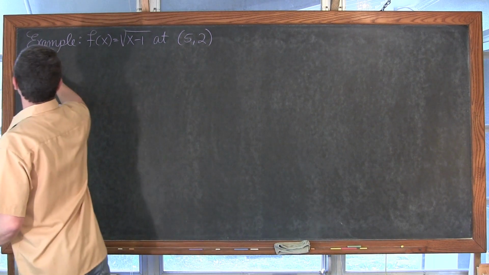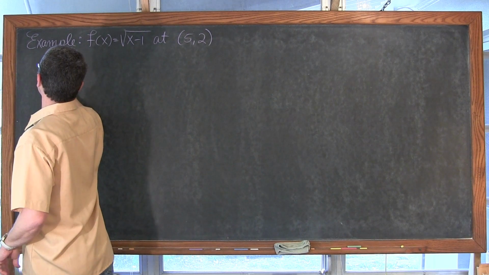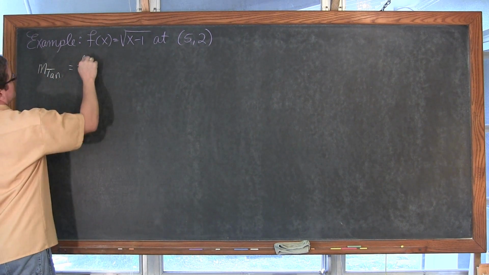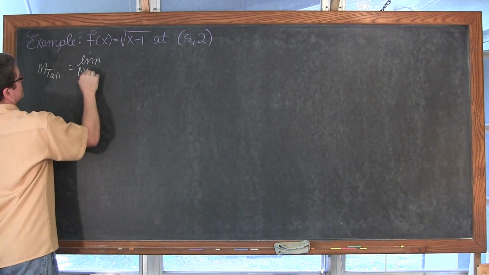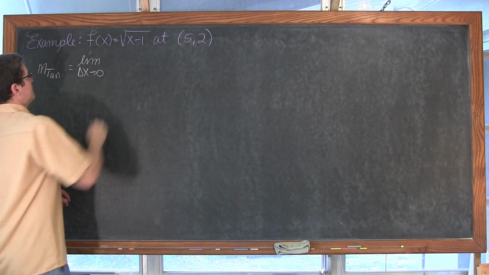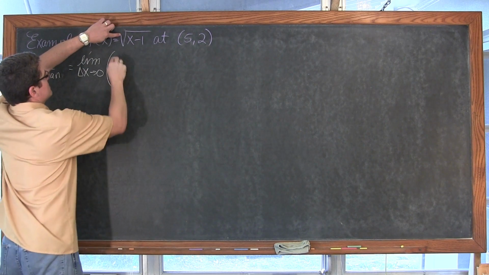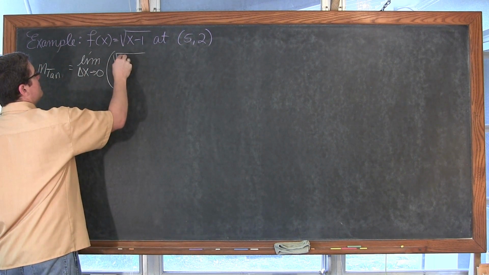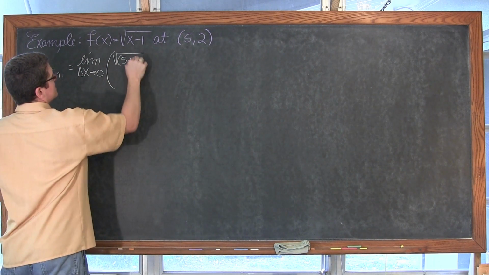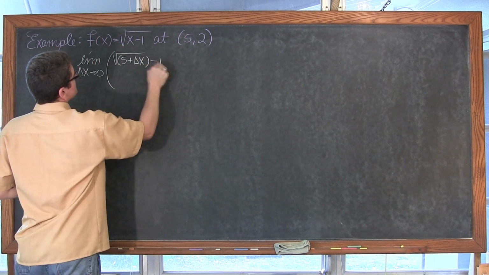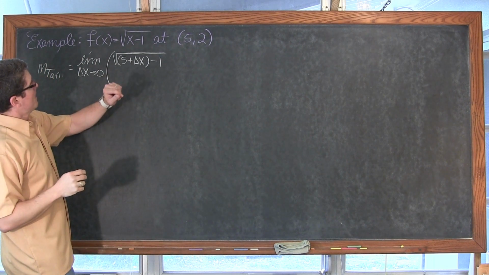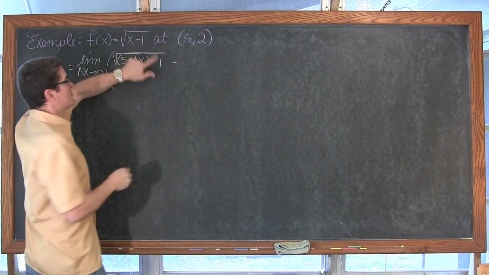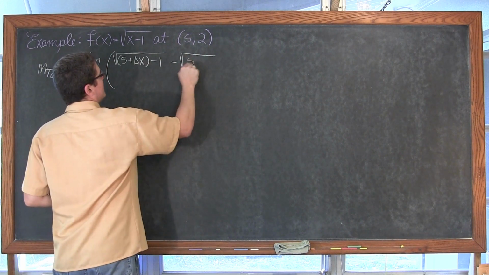So we're going to say the slope of our tangent line is equal to the limit as delta x approaches 0 of the square root of c plus delta x, so the square root of 5 plus delta x minus 1, minus, now we're going to do f of c, so we take the 5 and plug it in, so minus the square root of 5 minus 1.